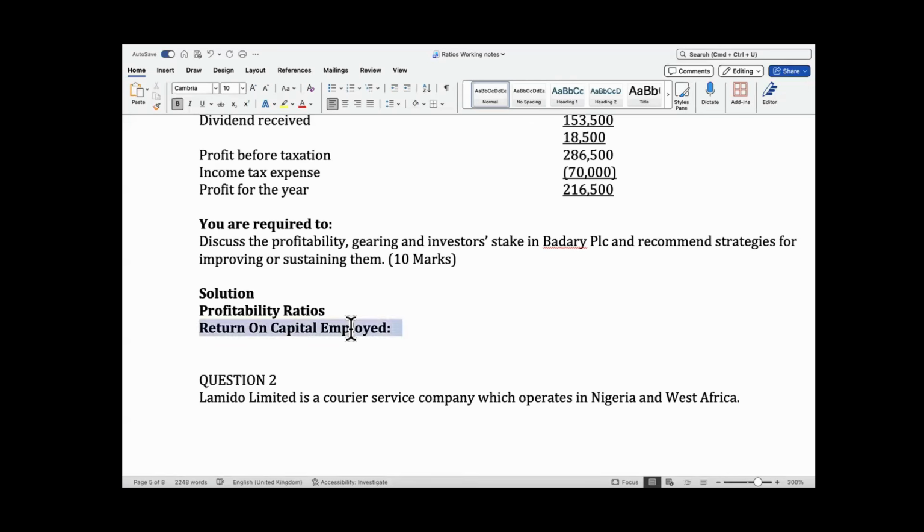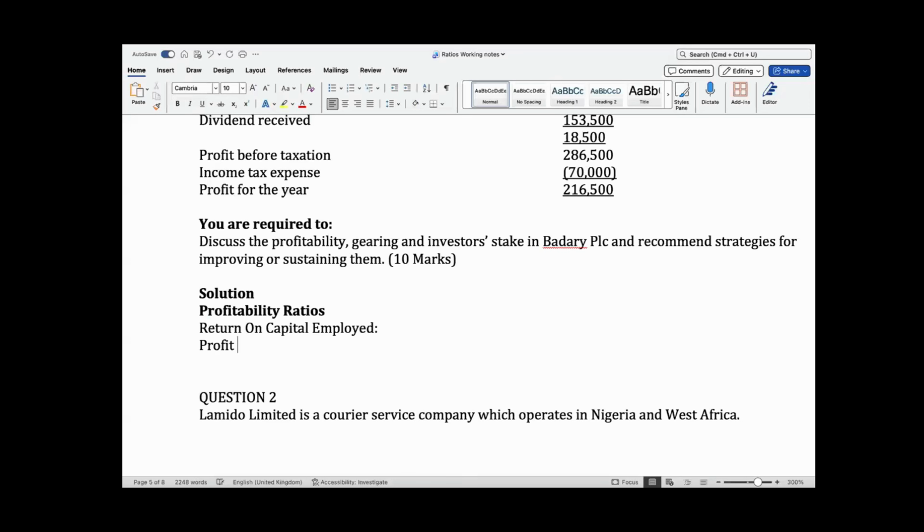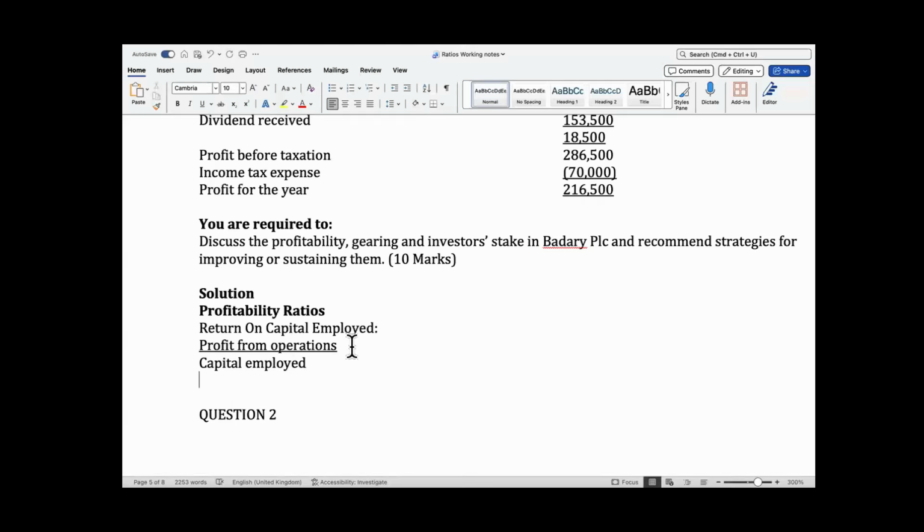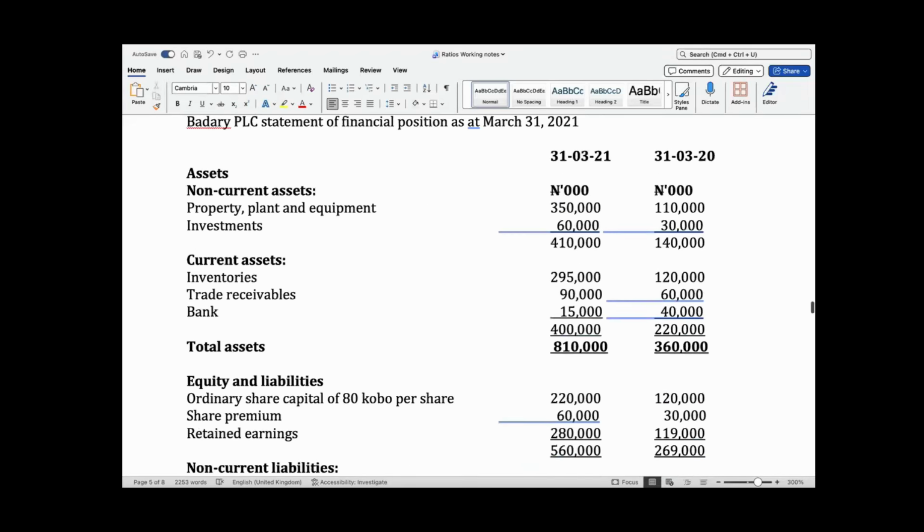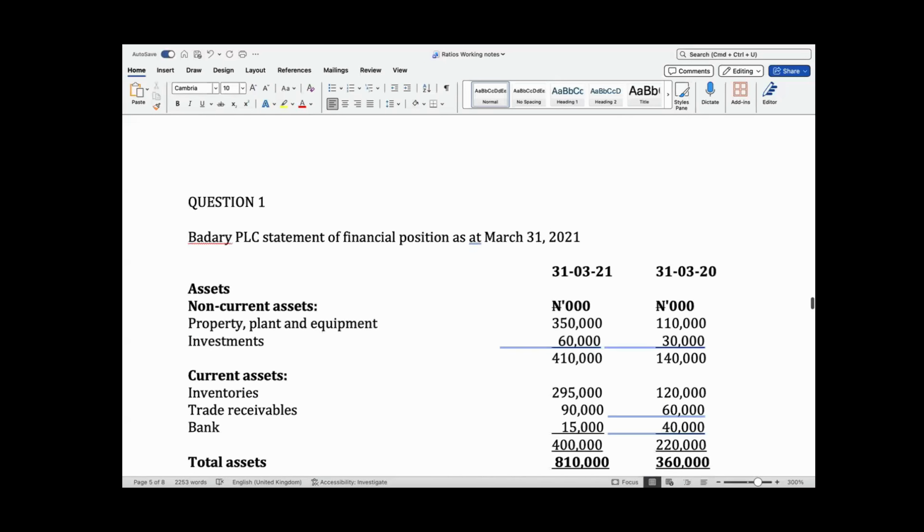And return on capital employed is, like I told you, profit from operations, which is PBIT, divided by your capital employed, which I told you is fixed interest debts plus your equity.